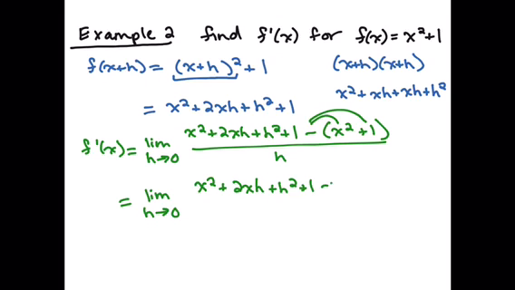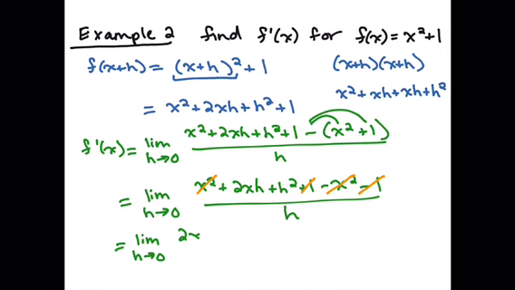We get minus x squared minus 1 all over h. And then I see that x squared minus x squared goes to 0, plus 1 minus 1 goes to 0. And what I'm left with is 2xh plus h squared all over h.